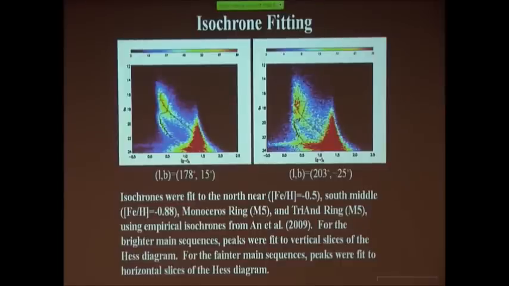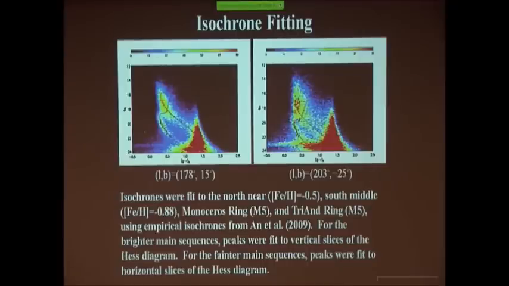You fit isochrones that kind of match the metallicities of the stars you find in these directions. For these ones, these crosses are peaks of vertical stripes that go through here. For this one, we did horizontal because the vertical gets kind of bad over here.